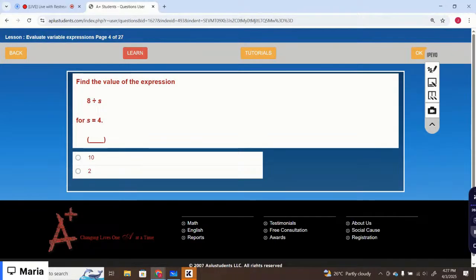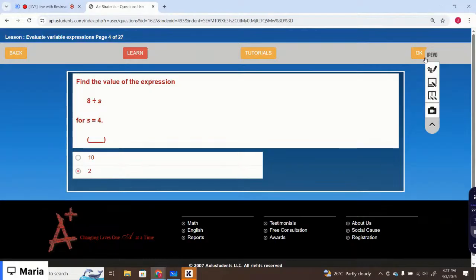Find the value of the expression 8 divided by s. Eight divided by 4 is 2.